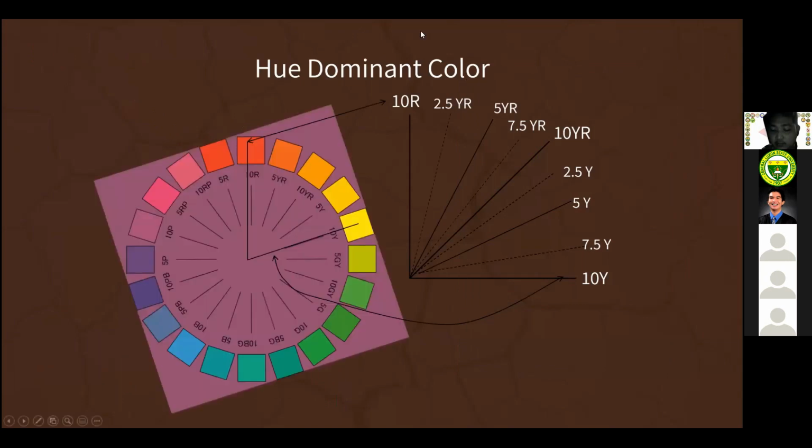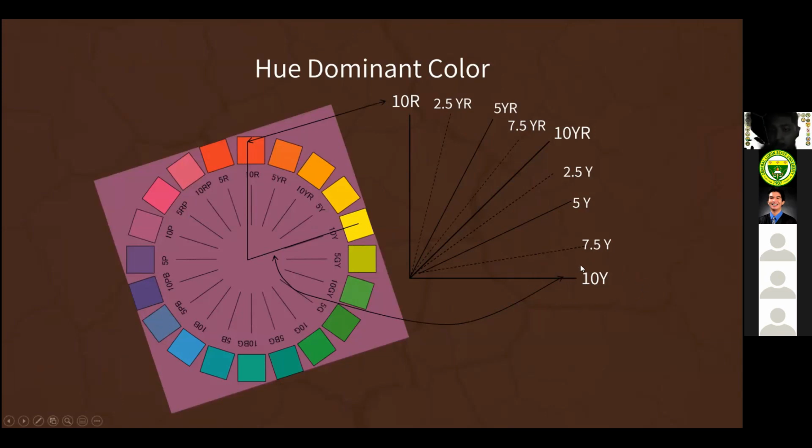So in the Munsell color book, these are the different pages of the hue. It ranges from 10R to 10Y. So at 10R, if the color of our soil is red, we will start looking at the 10R page. Then if the color is becoming yellow, we are looking at the 10Y.